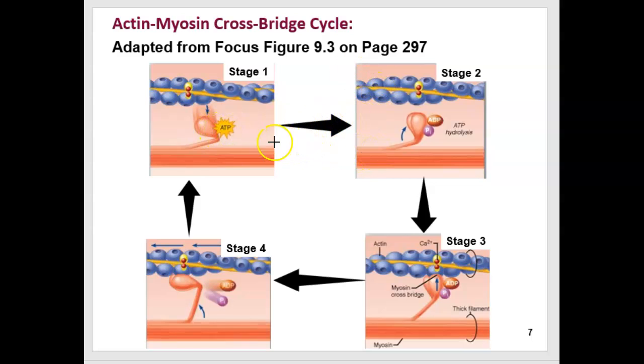So the myosin head again will break down the ATP. Now it can bind to actin. It does so in stage 3. It releases the ADP and inorganic phosphate, and now it swivels again. So the actin filament's pulled a little bit further. And then if there's enough ATP still around, the cycle will continue again. And it happens over and over and over again.